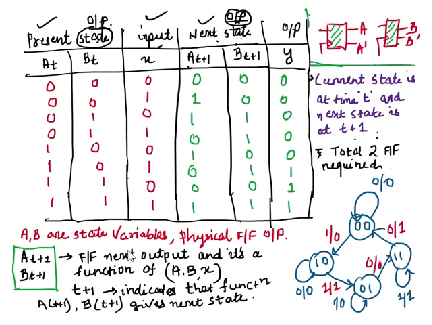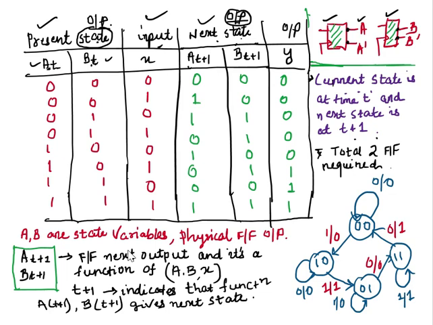Here the present state is A(t) and B(t). A and B are state variables. Two state variables means there should be two flip-flops, so we should use two flip-flops for this one. Here the state variable is A, so this one is A, then A bar, this one is B, then B bar.